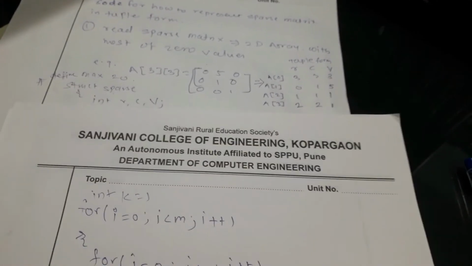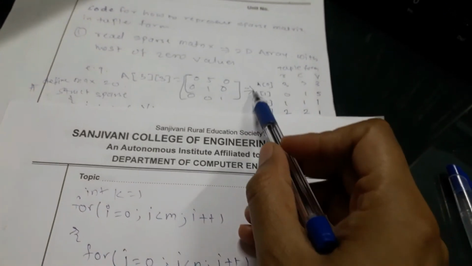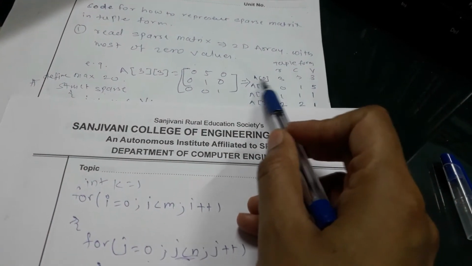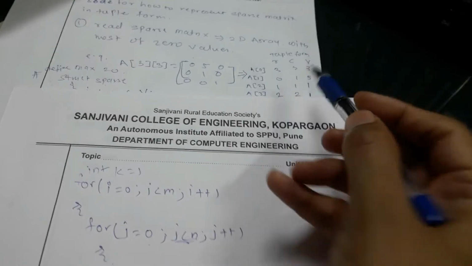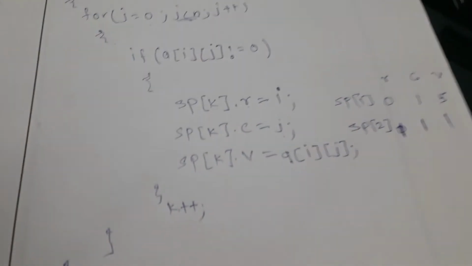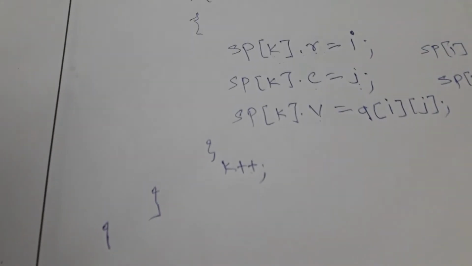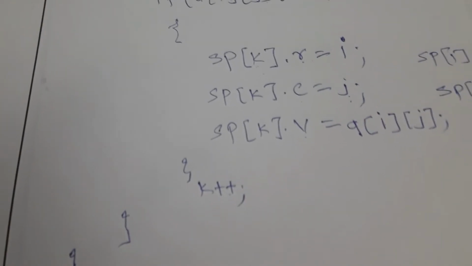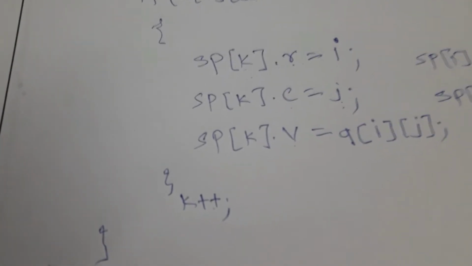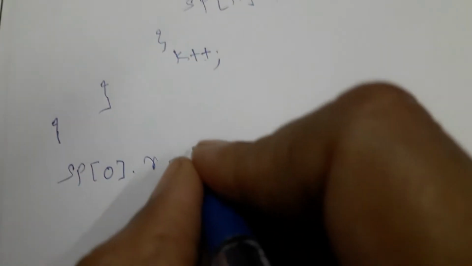Okay, now what about this first row? How to insert this first row? It is very easy. After completion, what we have to do: SP of 0 dot r is equal to the number of rows of your matrix, so here m.